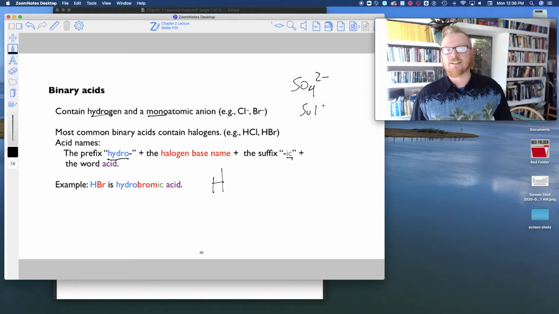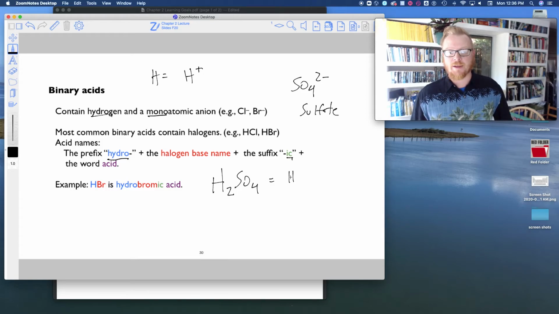So we recognize this is the polyatomic ion sulfate. I recognize that hydrogen is always plus 1. Hydrogen always is going to be plus 1. So how many of these hydrogens do I need? If you said 2, good job. Remember, respect to the subscript. H2SO4. So that's hydrogen and sulfate.